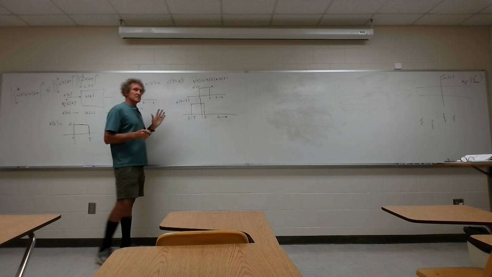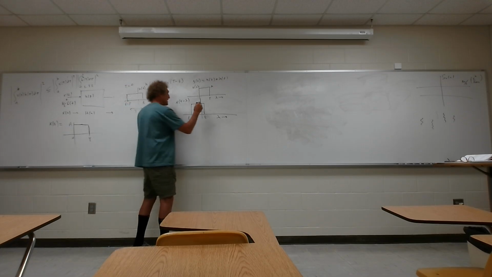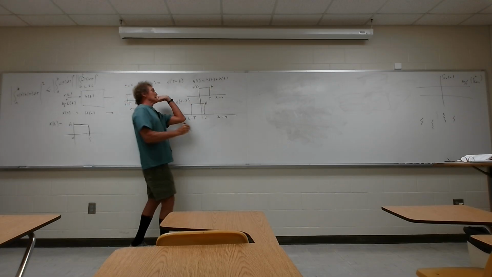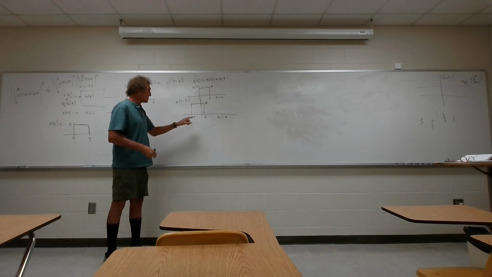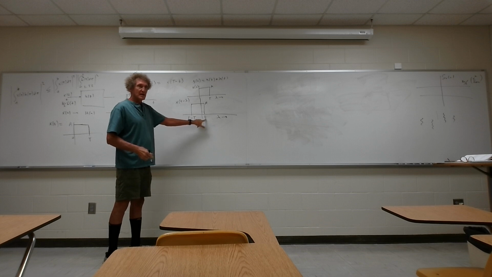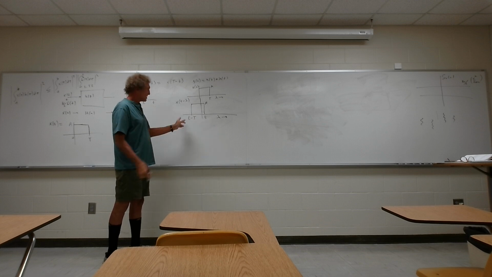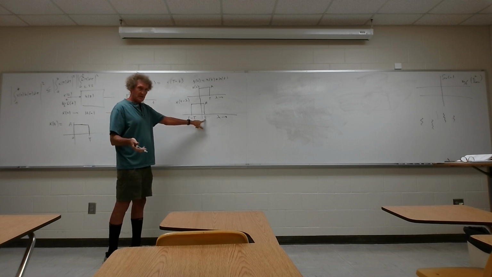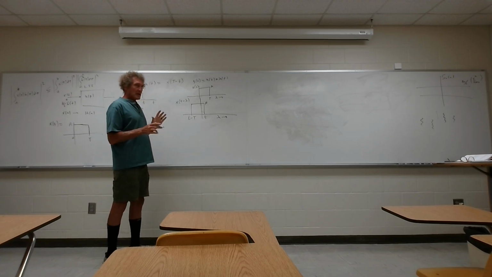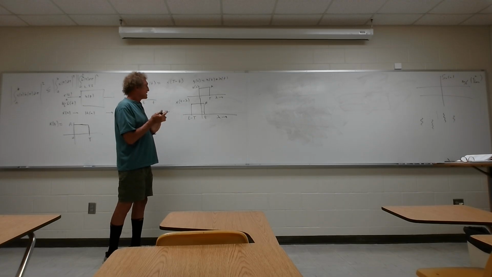Y'all follow me on this? You basically have height A. You take this signal, flip it on the other side, and then you're going to move it by, I mean the width is capital T, but you're going to move it by a small t value. Y'all follow me, class?